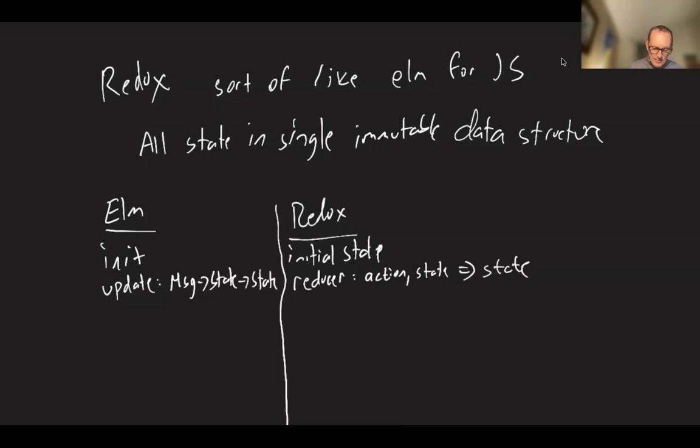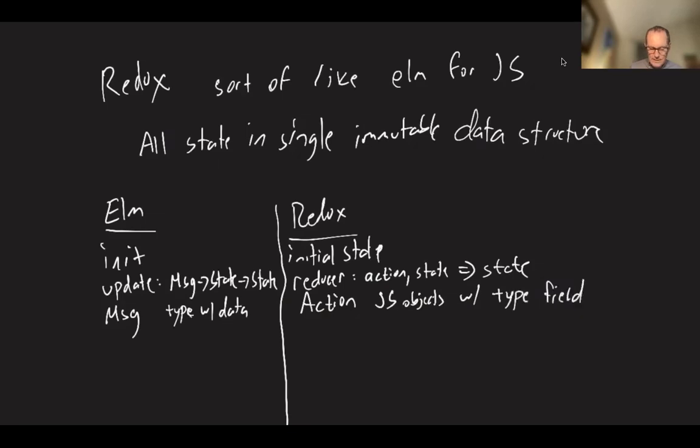And then in Elm, we have messages. In Redux, these are called actions. In Elm, these messages are a type with data. In Redux, these actions are JavaScript objects with a type field.